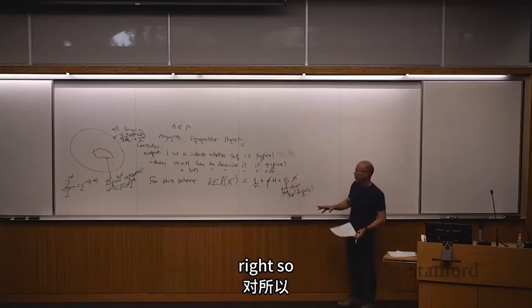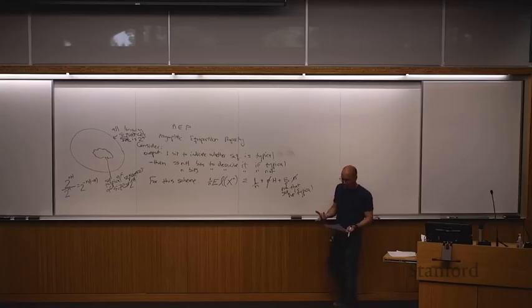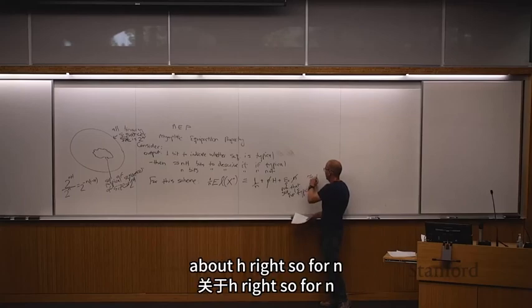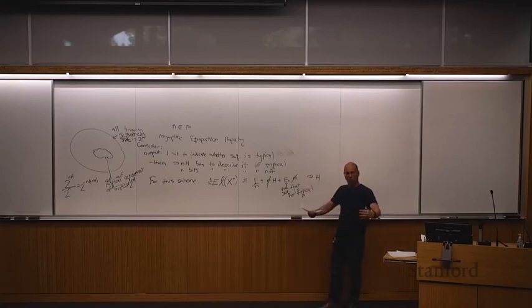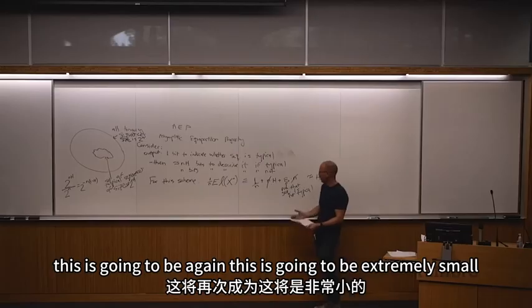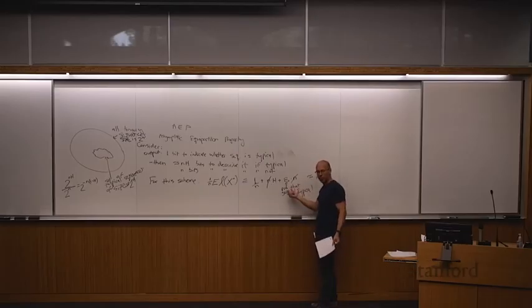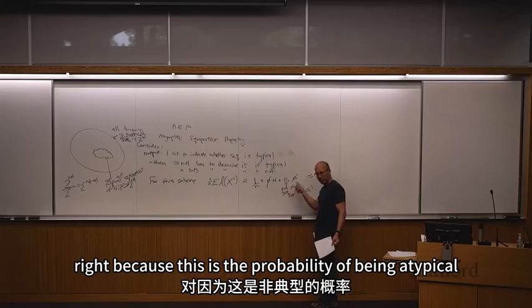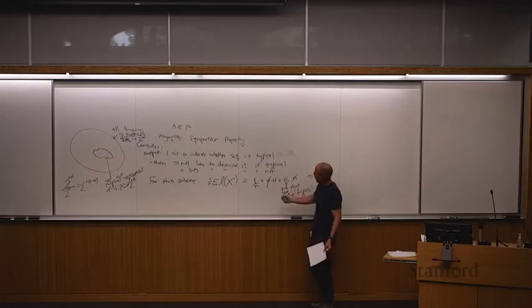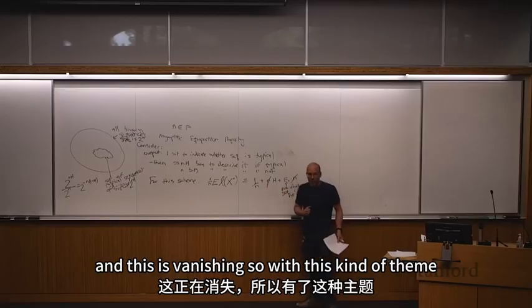So this is going to be about h. As n grows, the extra term is going to be extremely small, because it's the probability of being atypical, and this is vanishing.